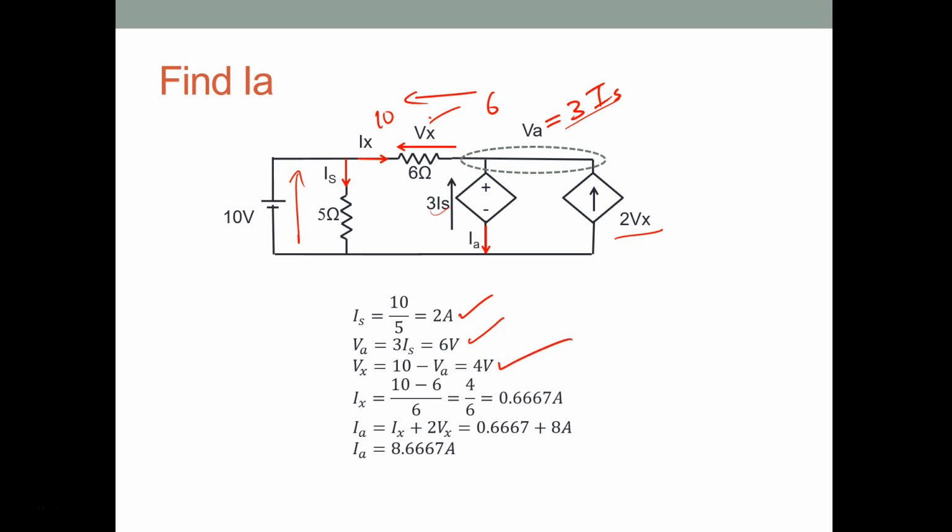And if I have 4 volts across the 6 ohm resistor, then the current through it, which is Ix, will be 10 minus 6 on 6, which is 4 over 6, which is 0.667 amps. So I've calculated the current Ix, which is here 0.67 amps. And I know the voltage here Vx, which is 4 volts.